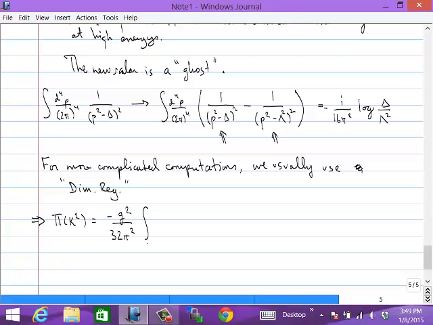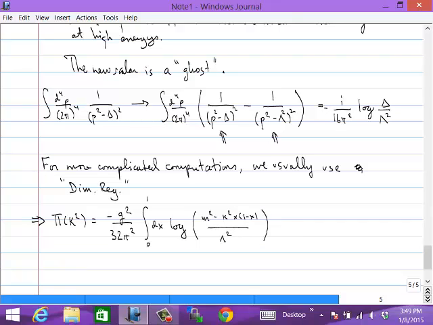And then we have that x integral from 0 to 1 dx. And then we just regulate using Pauli-Villars. And so we get log of delta over lambda squared, which was m squared minus k squared x times 1 minus x over lambda squared.